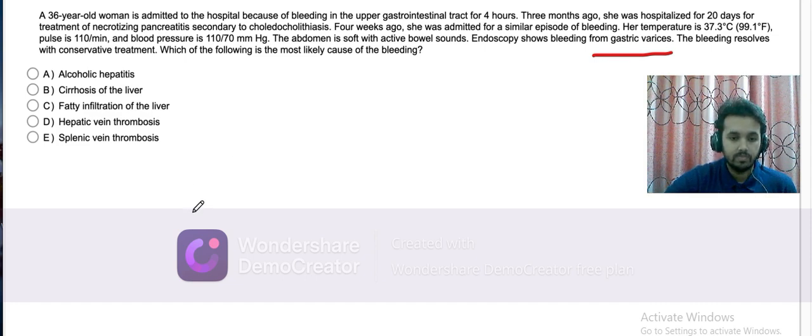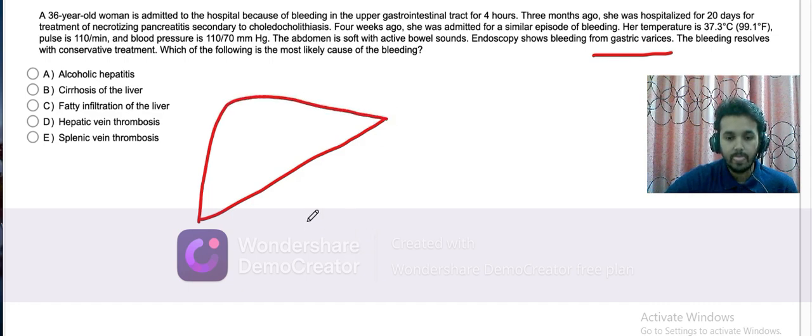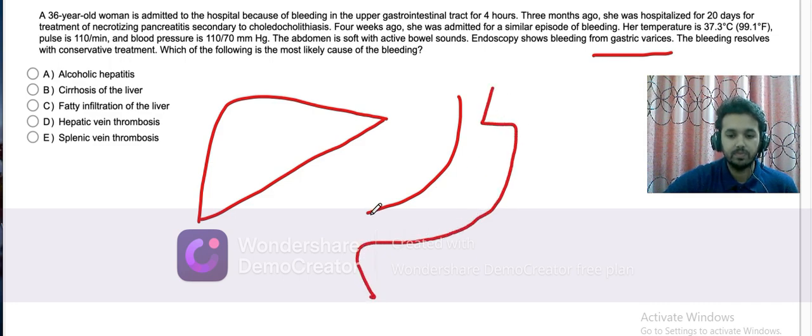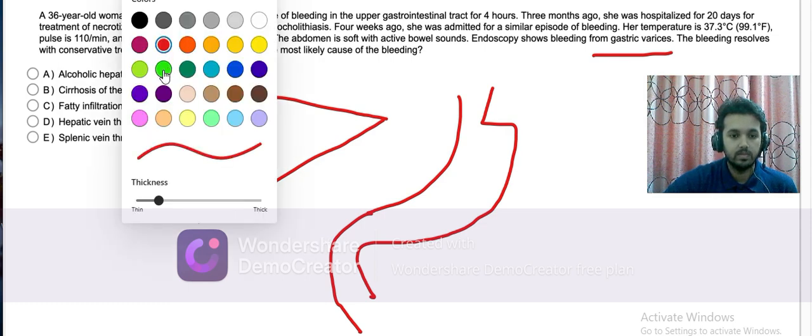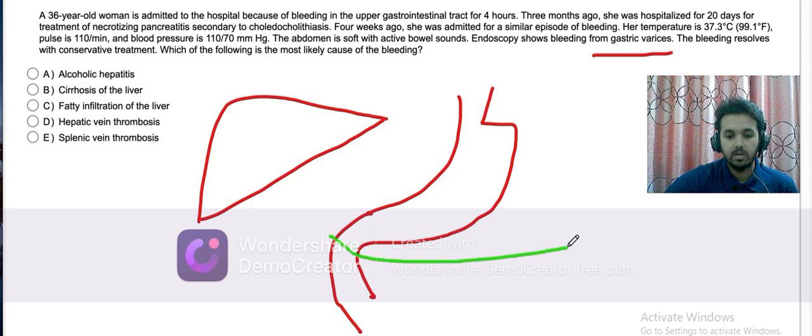Okay, so think this is the liver, and this is the stomach, and this is the splenic vein.